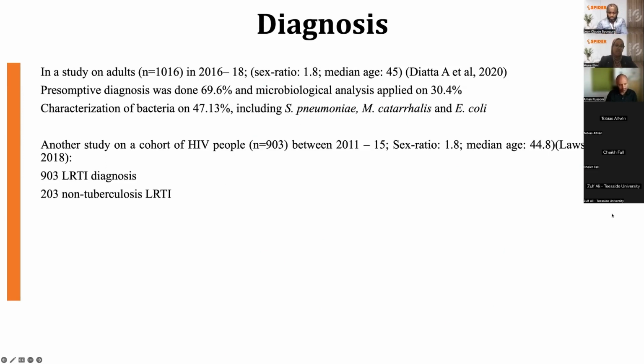When we look at this kind of population, we found that lower respiratory tract infection was frequent in this cohort, and the risk factors identified were mostly HIV, but also some practices like smoking and alcohol, which were identified as risk factors to develop and have complications regarding lower respiratory tract infection in this cohort of the population.